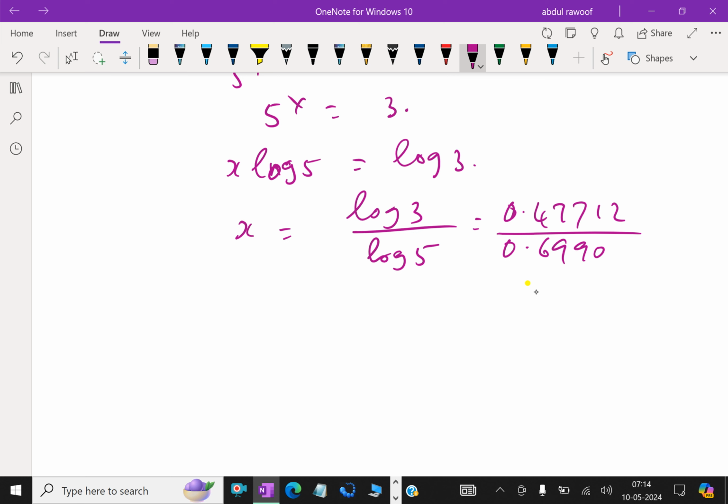Given 0.47712 divided by 0.6990, which is equal to 0.68258 approximate.